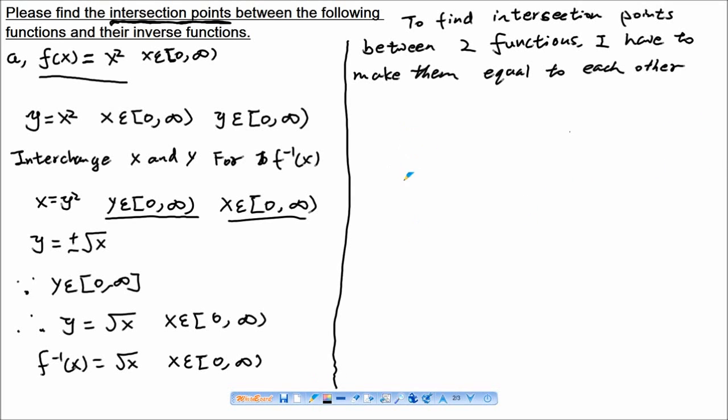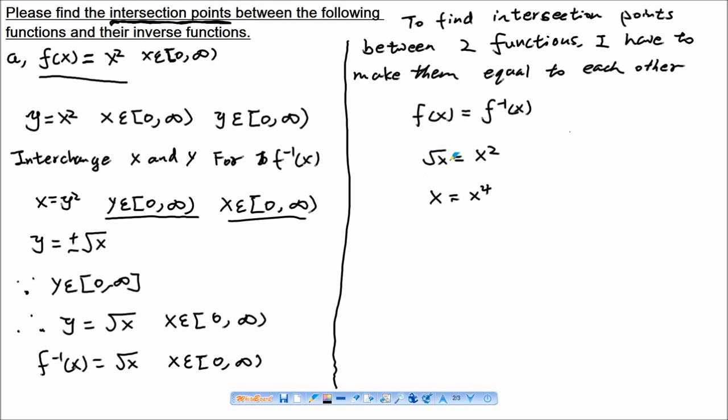However, in our question, we have to make f(x) equal to the inverse function to find their intersection points. So I would have square root of x equals x squared, and to solve it, I square both sides and would have x equals x to the power 4.